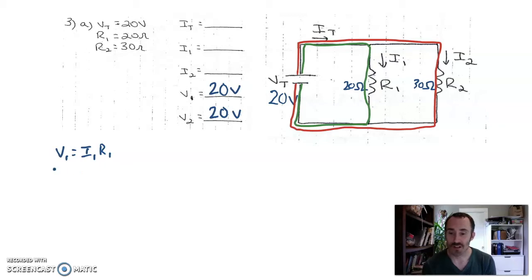We know that V1 is 20 volts. We're looking for I1. And we know R1 is 20 ohms. And so when you divide by 20, you get I is 1 amp. So the current going through the first resistor, R1, is going to be 1 amp.